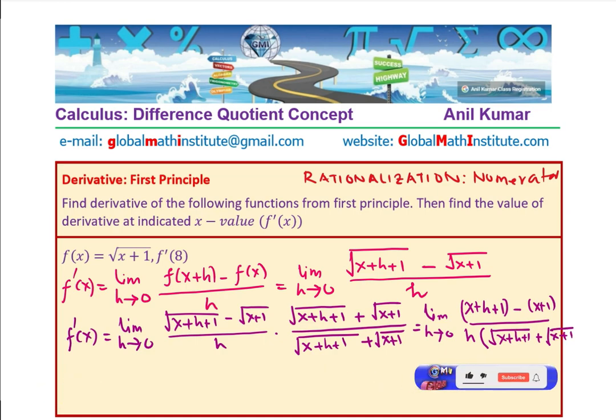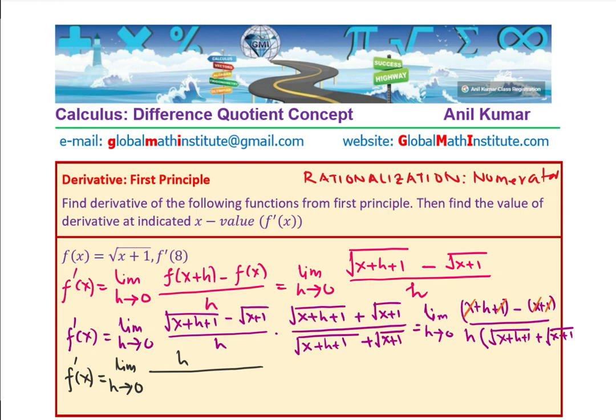Now in the numerator, you can simplify: x plus 1 and x plus 1 cancel, correct? You're left only with h. So we can rewrite this as the derivative becomes limit h approaches 0 and we have only h in the numerator and the denominator is h times (square root of x plus h plus 1 plus square root of x plus 1), correct?